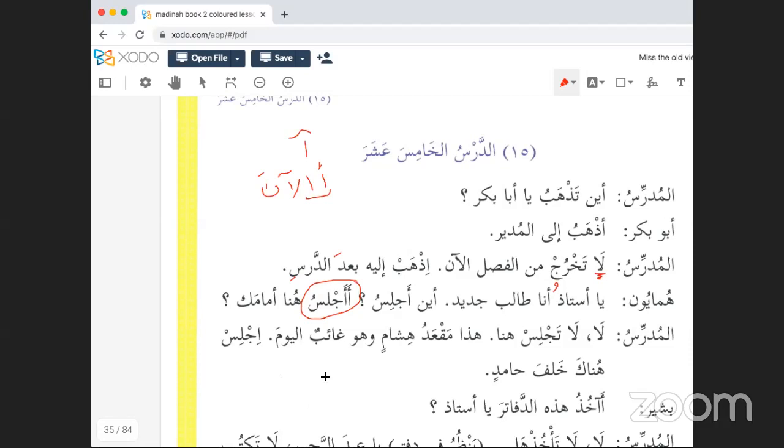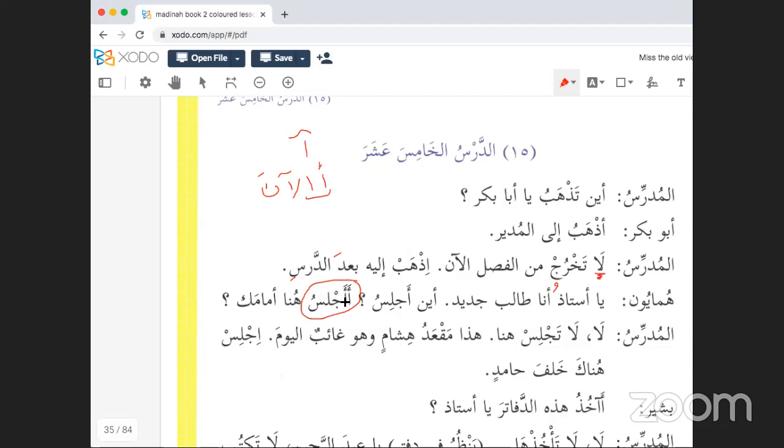Because, as you correctly said, if the Hamza which is before the word is Hamzatul Wasl, then this is the one that becomes a mad with Hamzatul Istifham, the Hamza that you use for a question. Then you say al-ana, okay?